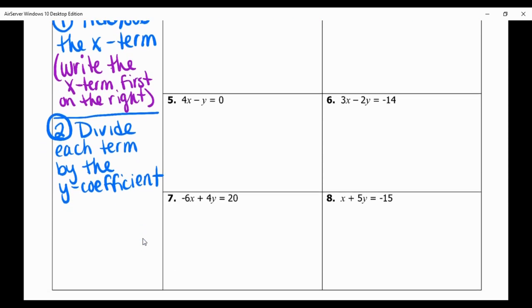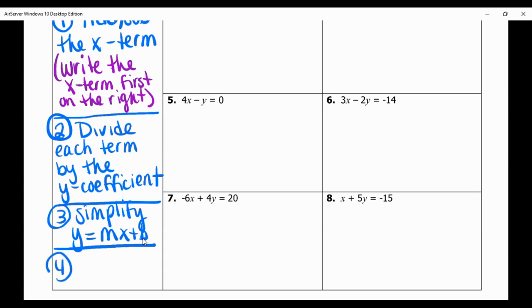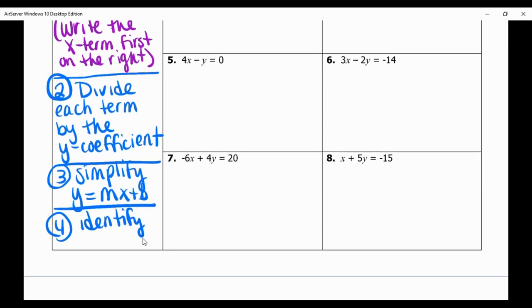So our last steps, after we divide each term, then we want to simplify, make sure it's in y equals mx plus b. Then you can identify the slope and y-intercept, the m and b.